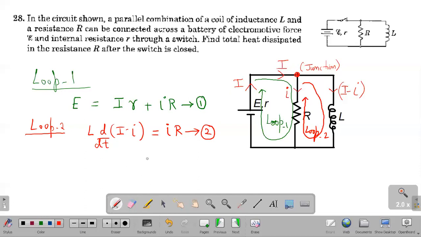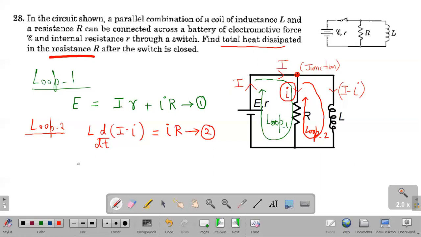Now our aim is to find an expression for the current flowing through the capital R resistance, because in this question we have to find the total heat dissipated in the resistance capital R. To find this total heat, all you need to do is find the mathematical equation for this current small i.